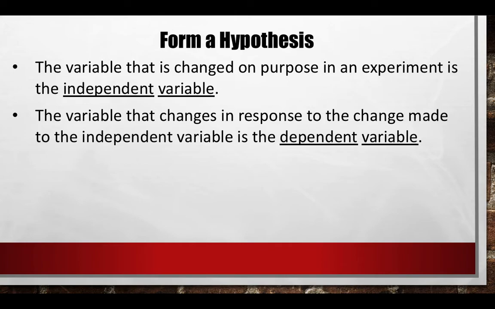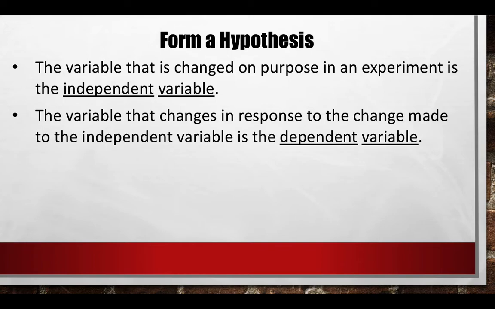The other variable, the dependent variable, is the variable that changes in response to the change made to the independent variable. Now, I know this sounds kind of confusing, but there's a couple of things that we can use to help us keep these straight.